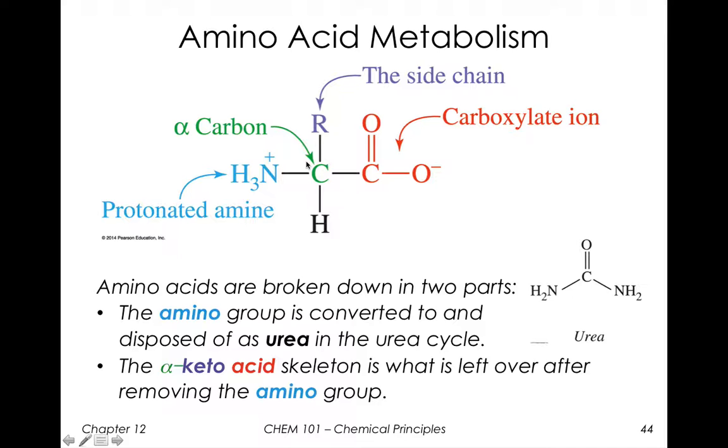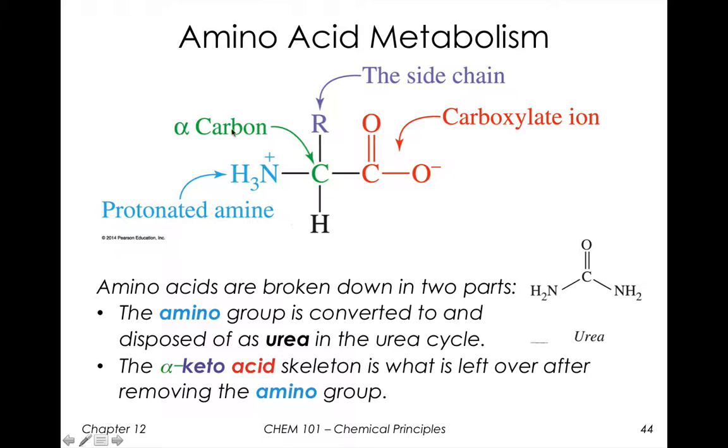So one of the things that we have to think about is separating these into this part here, which we refer to as the alpha keto acid part. And then we're going to have the amine part. So we'll get into the details of how this happens next semester. But at the end of the day, this nitrogen for mammalian systems is converted into urea, and then urea is excreted largely in the urine.